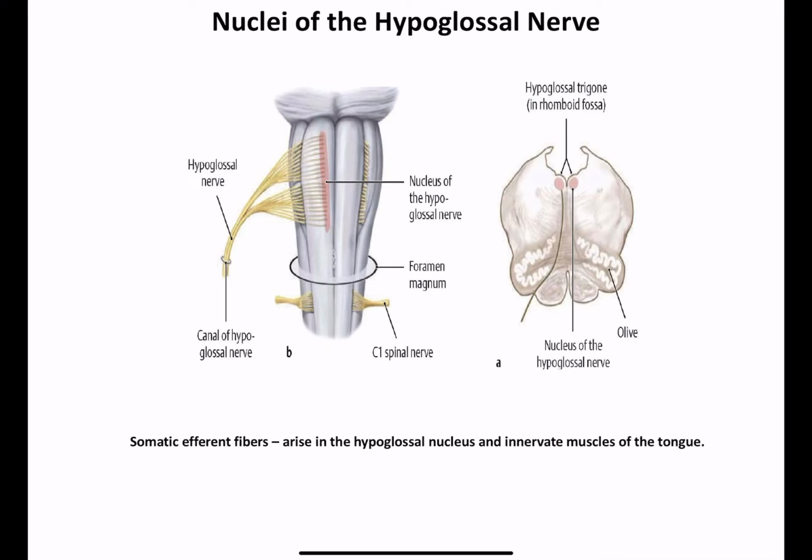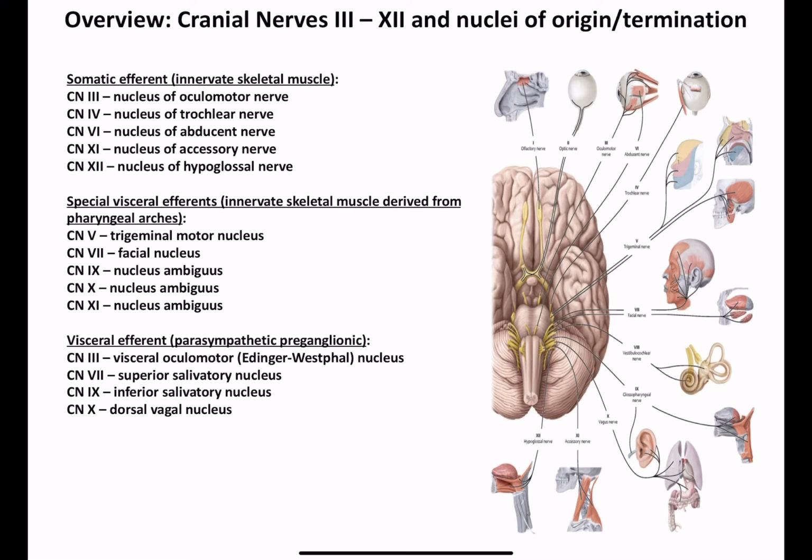If it's a special visceral efferent, they innervate skeletal muscle derived from the branchial or pharyngeal arches. Not all of them, but some of them have these special ones. And then visceral efferent means it's a motor function, but it goes to the visceral organs. That's why it has to be parasympathetic. So involuntarily controlled stuff that the body controls.